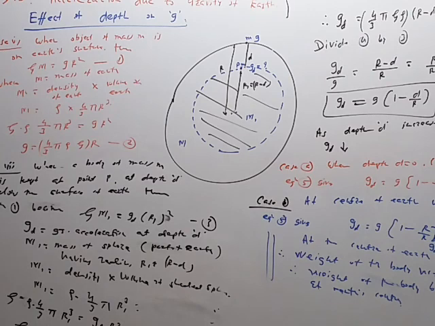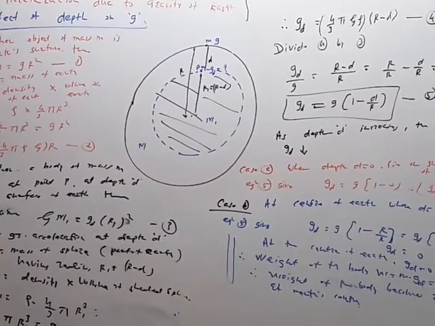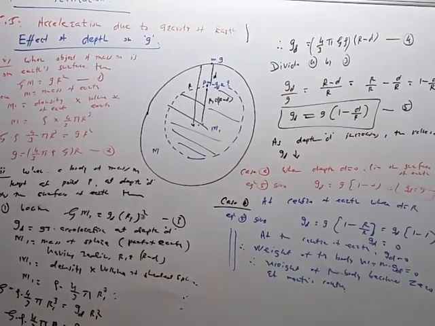The result is same. On both sides, above the surface of the earth as height increases, g decreases. Below the surface of the earth as depth increases, the g decreases. So this variation of g with height and with depth is represented combinedly by a graph. So that graphical representation we will see next time. Okay, we will stop here.